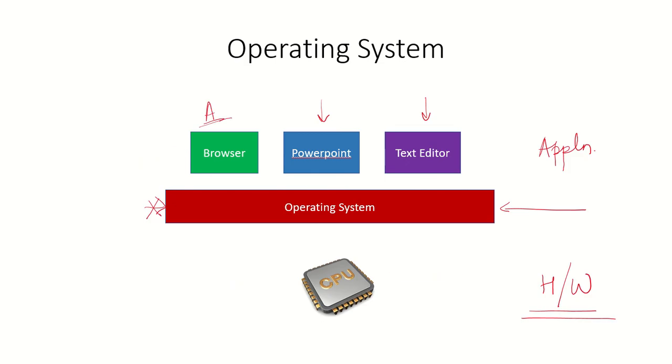The availability of the operating system makes sure that all the users get a fair usage of the system resources. So another goal of the operating system is to use the hardware resources in such a manner that all the applications are given a fair share of the resources.